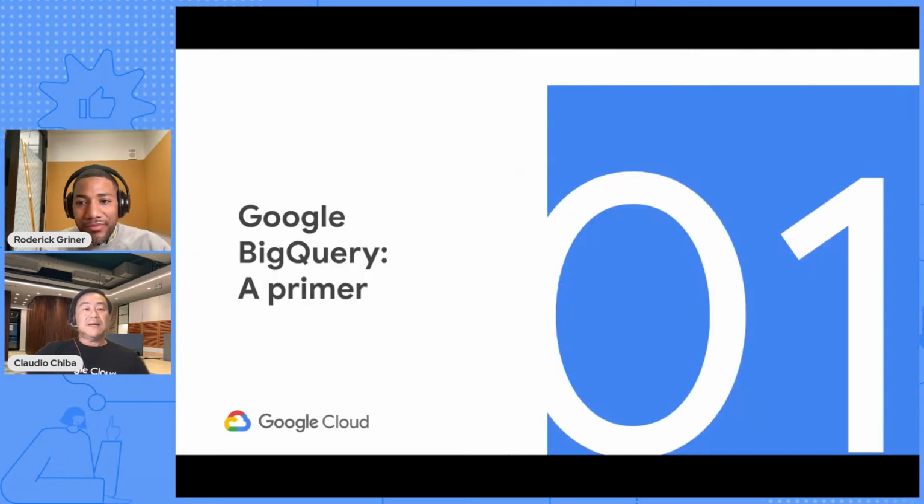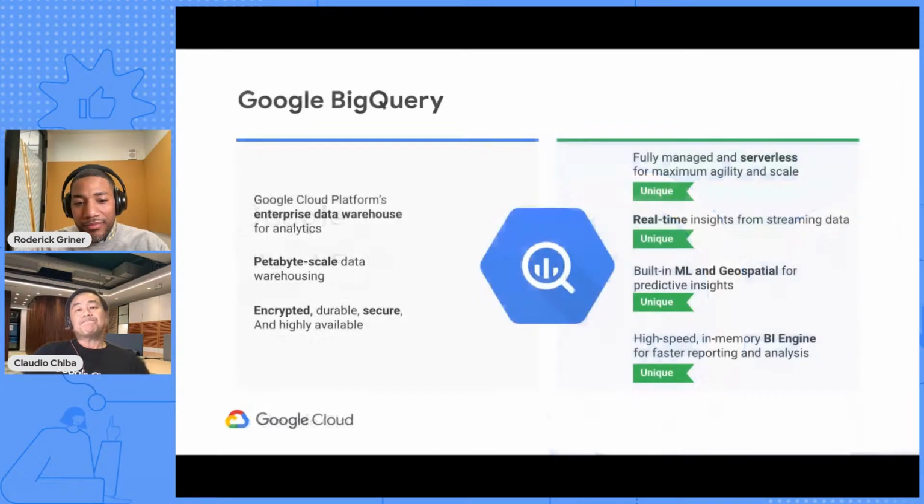Okay, let's start talking about the BQ fundamentals and review concepts in the architecture points that we'll use during this session. Google BigQuery, as you already know, is a serverless, highly available, cost-effective, and scalable data warehouse designed to help you turn big data into informed business decisions.